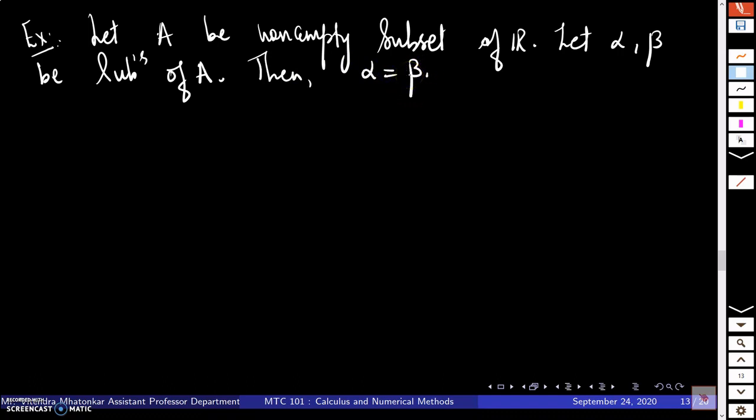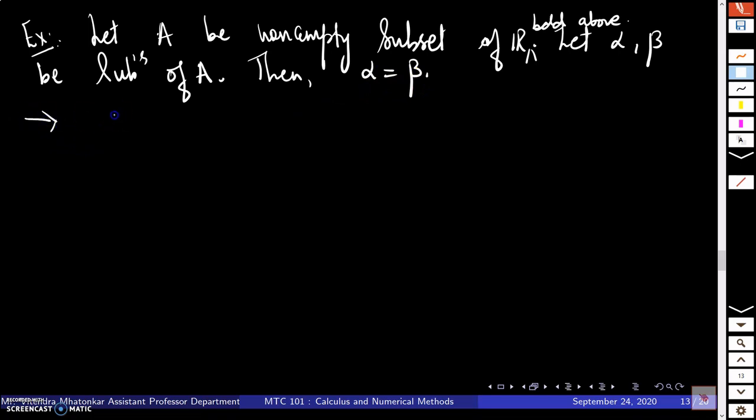That means if you take any non-empty subset of R which is bounded above, of course, only then can I talk about a least upper bound, then both the least upper bounds will be the same. That means the least upper bound is always unique if it exists.